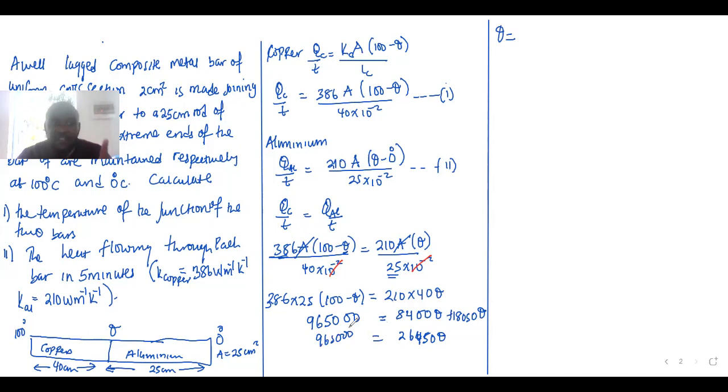That's why I said, whenever you get a value of temperature, for example, here you get a negative temperature, stop working. You get a temperature beyond 100, check yourself. What is theta? I think now it's okay.